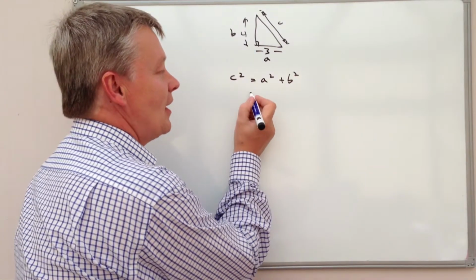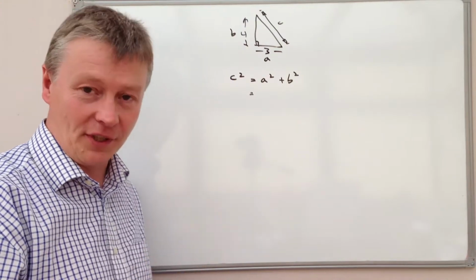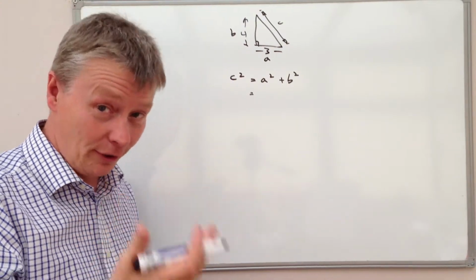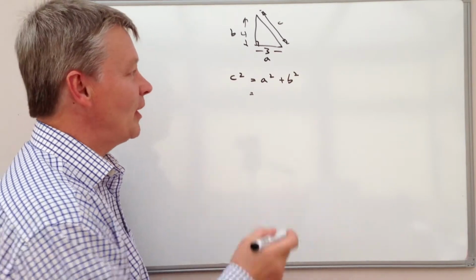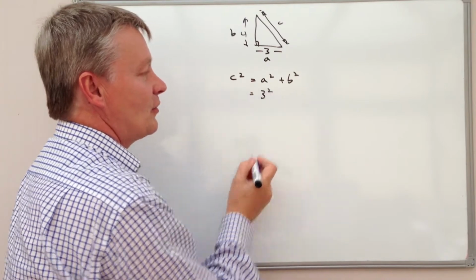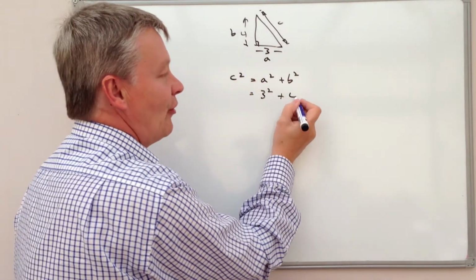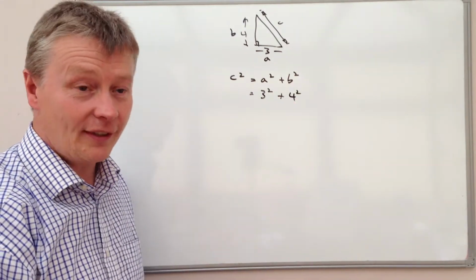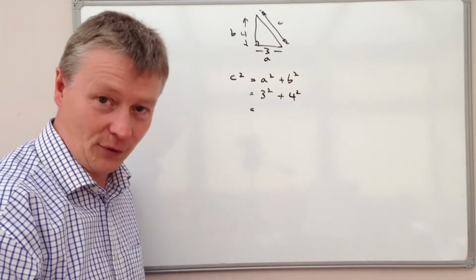But what it means is that we square these two numbers, add them together and then take the square root, and that will give us the value of C. So A is 3, so it's 3 squared, plus B is 4, so 4 squared, and that should equal the value of C squared.